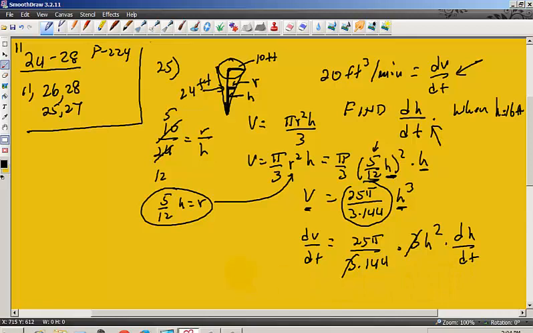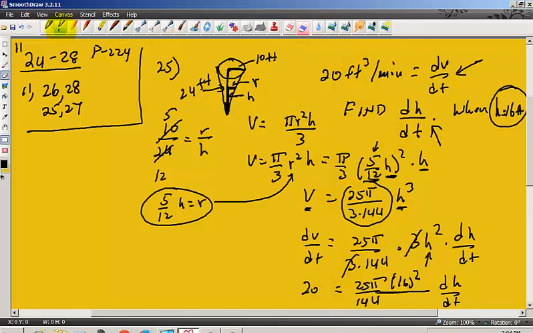Now what I have is dV/dt, I have 20, and I have 25 pi over 144. For h, I have a value, that's 16, so that's going to be 16 squared on the top, and then I have dh/dt. I'm solving for dh/dt. Put 200 here, meant to put 20.